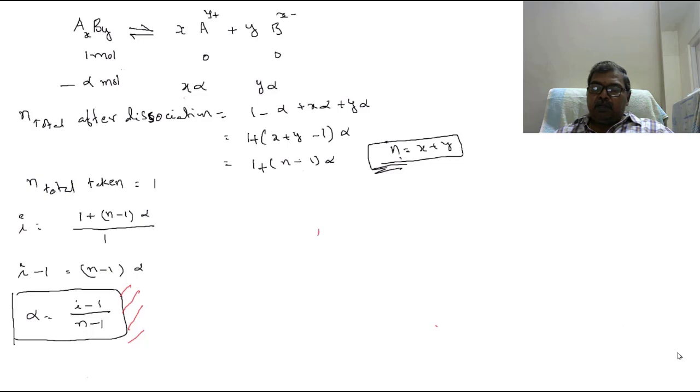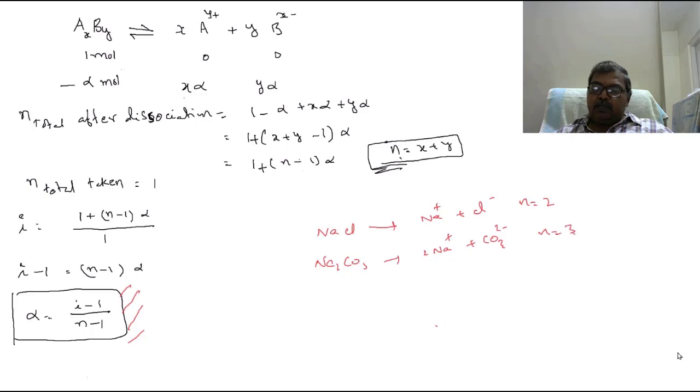Now, for example, NaCl, Na plus, Cl minus. So, n is equal to 2 for NaCl, right? For Na2CO3, 2 Na plus, CO3 2 minus, n equal to 3.